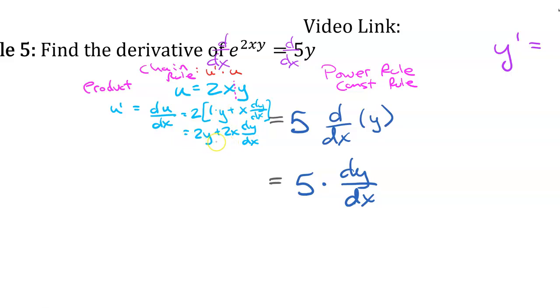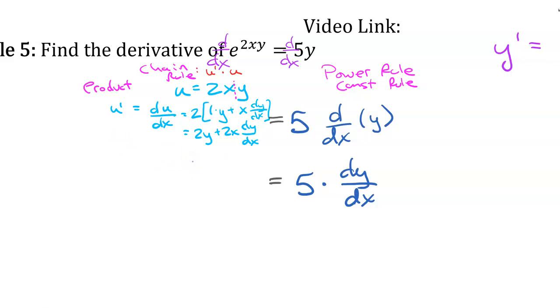So that's the product rule for the derivative of u, but I also have to take care of the derivative of the outside, which is the chain rule part. So I've got a derivative inside a derivative stacked on top of a derivative.